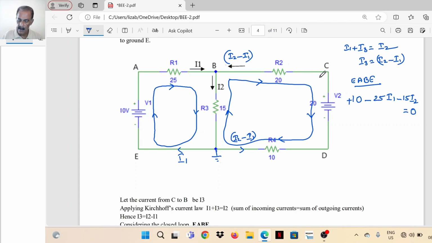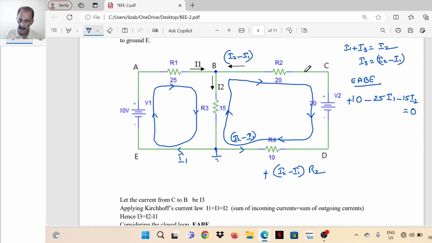There is an IR drop, that is I2 minus I1 into R2. What should be the sign of that? The current I2 minus I1 is from C to B, but the loop is from B to C, opposite. So plus sign.